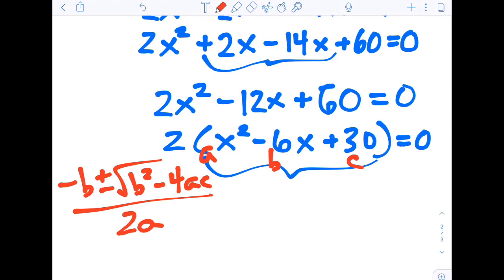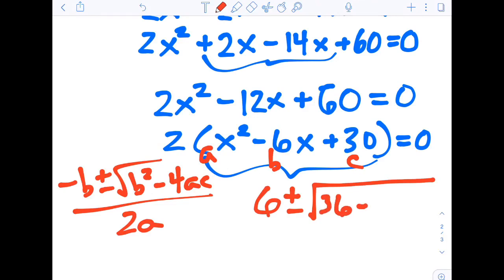We have negative 6, which is positive 6, plus or minus the square root of b squared, so that's negative 6 squared, which is positive 36, minus 4 times a, which is 1, times c, which is 30. So 4 times 1 times 30 is 120. All of that over 2a, so 2 times 1.